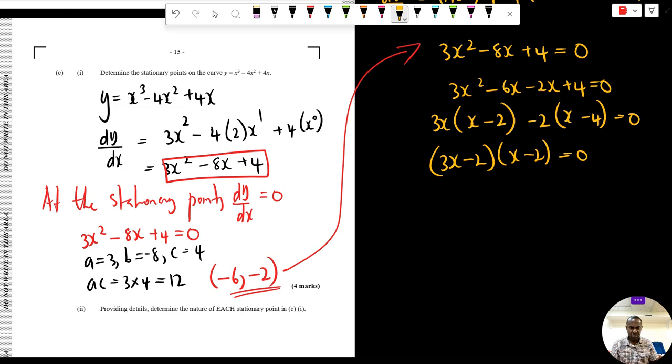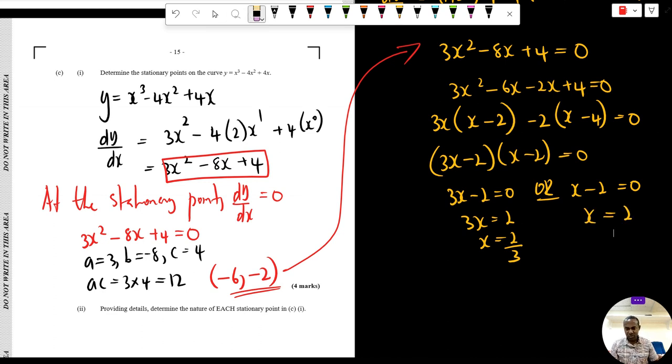And we set each of these to 0 and we solve for x. So 3x minus 2 equals 0. 3x equals 2. And so x is equal to 2/3. Or we can say that x minus 2 equals 0, which means x is equal to 2.